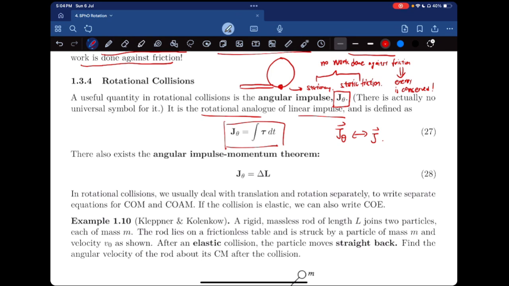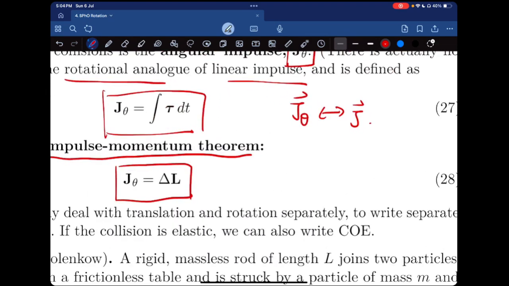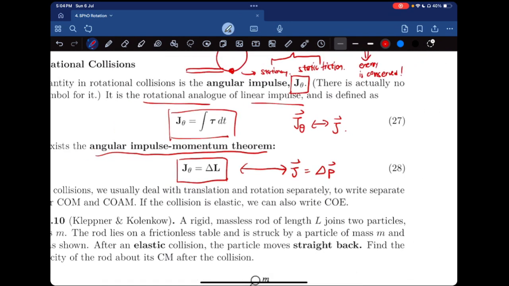There also exists the angular impulse momentum theorem, which states that the angular impulse is the change in angular momentum. Very similar to the normal impulse momentum theorem, where you had this. Once again, this is an analogy, and this is a very useful analogy for you to remember this exists.